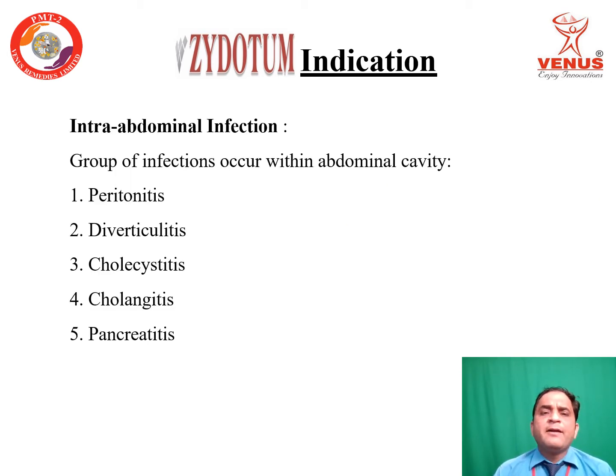Now, intra-abdominal infection. Basically, this is a group of infections which occur inside our abdominal cavity, and it may include peritonitis, diverticulitis, cholecystitis, cholangitis, and pancreatitis.